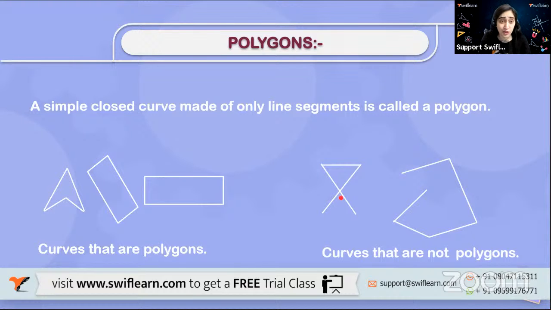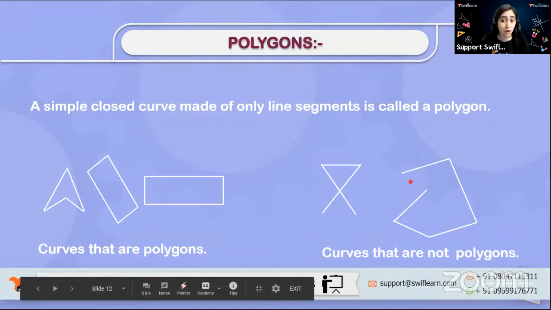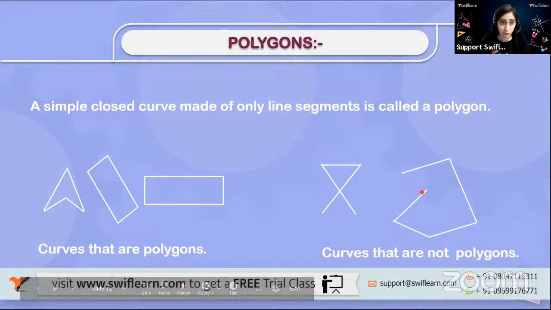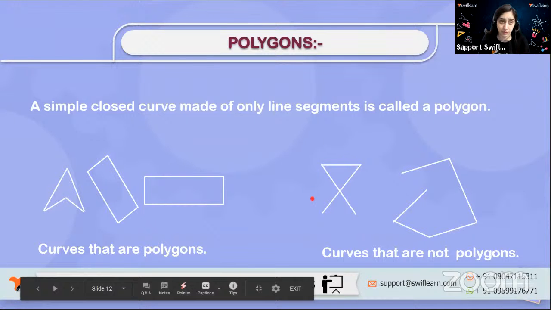So we will not call it a polygon. How about this one? See, it's not closed, it's open. So the moment it's open, we know that a polygon is a closed figure. So we'll say no, this is not a polygon because it is not a simple closed figure. Clear with this? All right.